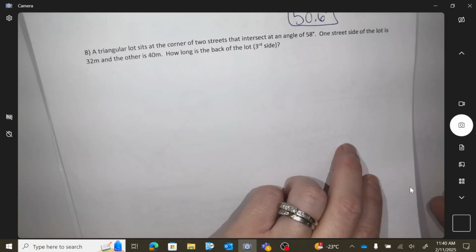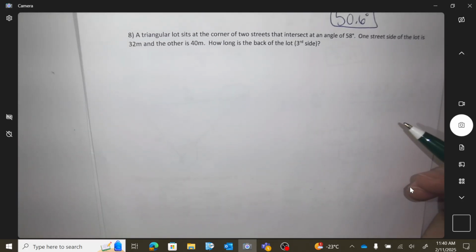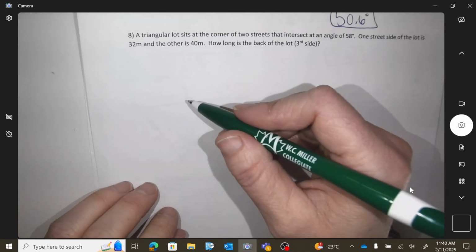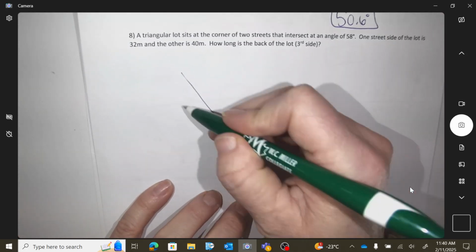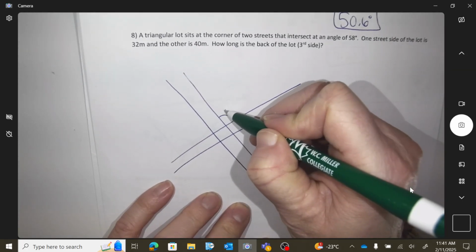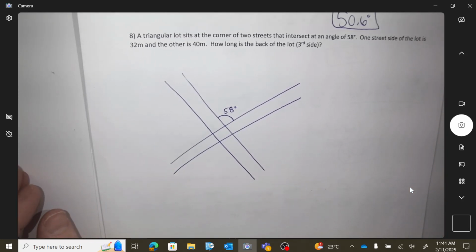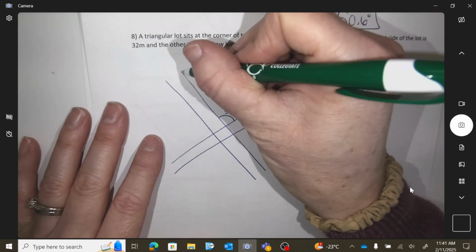Okay, last one. So you have two streets that intersect at an angle of 58 degrees. So you have streets intersecting 58 degrees. Then you have a lot, like where a house would be in their yard, and it's a triangle-shaped lot.